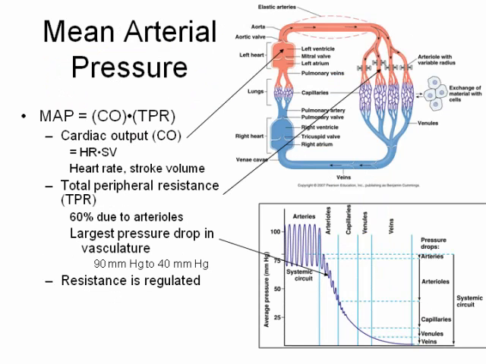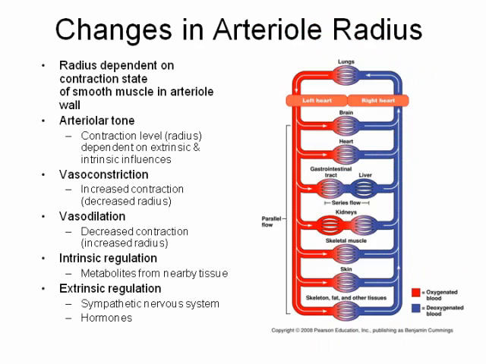In our diagram, these little clamps in the cartoon indicate the means of changing diameter. So we have smooth muscle in the arterioles that can change the radius of each of these groups of arterioles coming into their respective capillary beds.